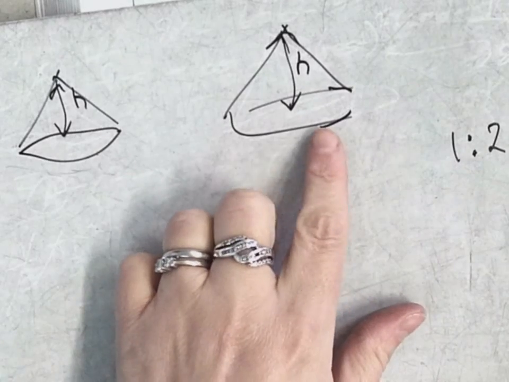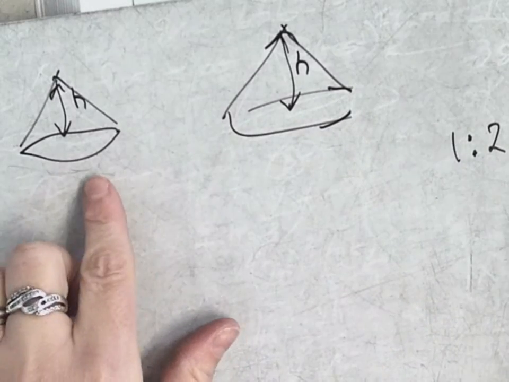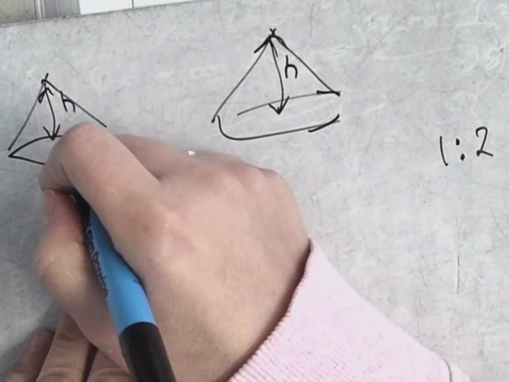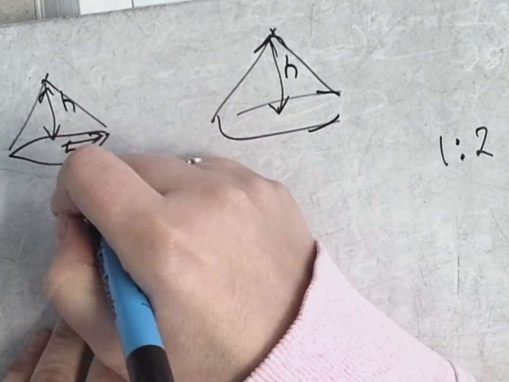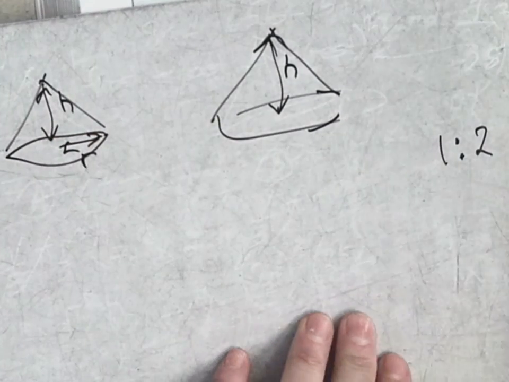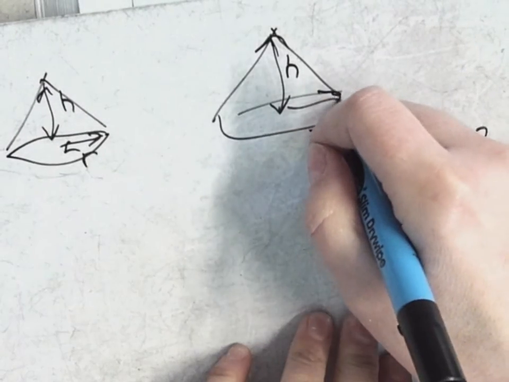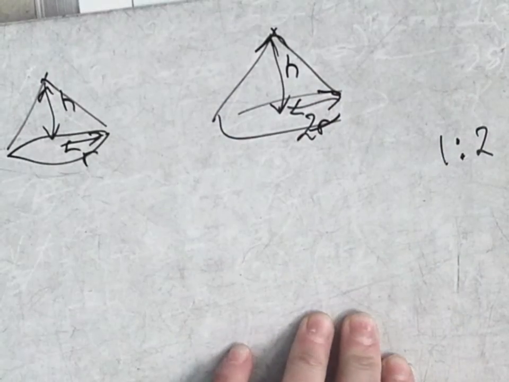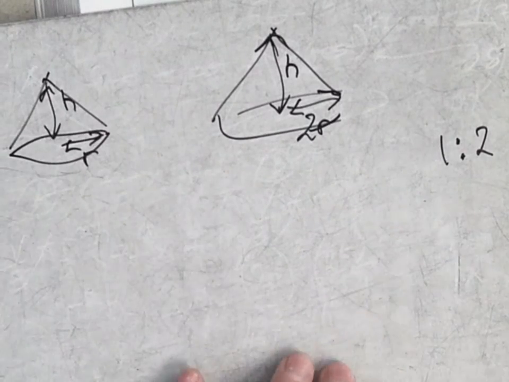The radius here is double what it is here, isn't it? So if I said the radius here was r, what would double it be? 2r, wouldn't it? So the radius here would be 2r. Okay? So it's double it.